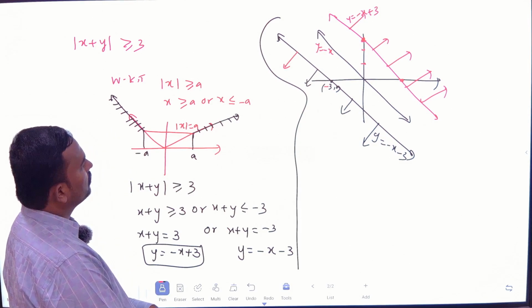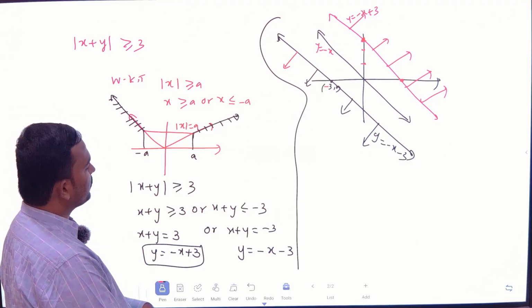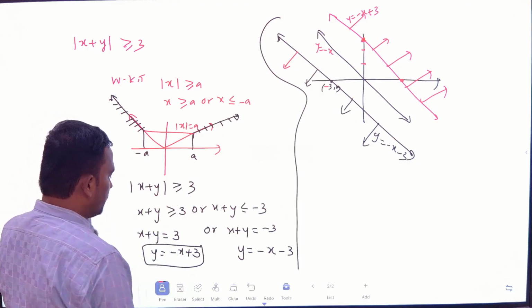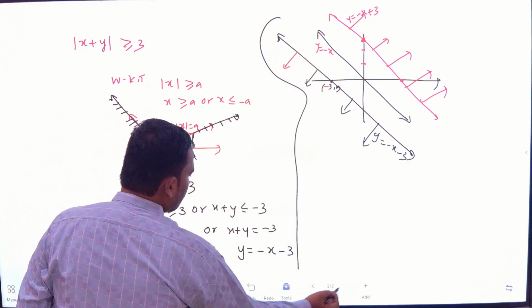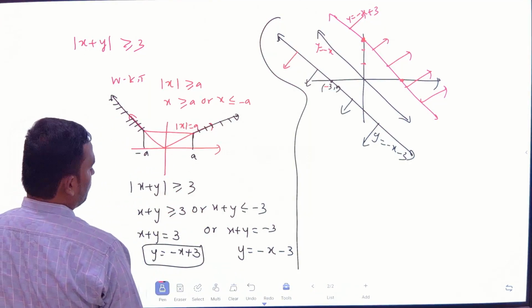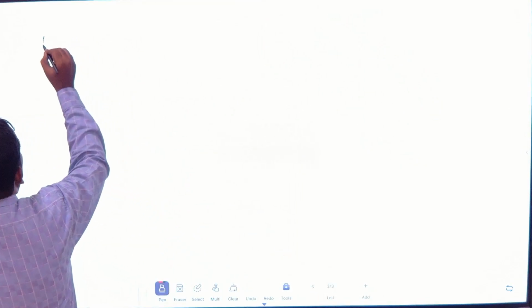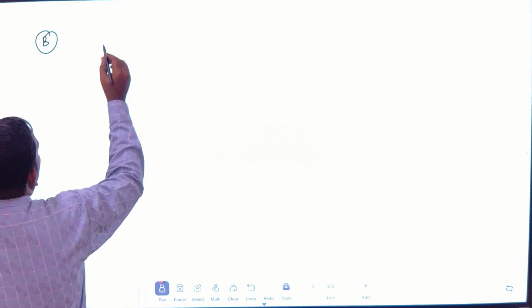Now let us see the second graph, the set B. What is the set B?